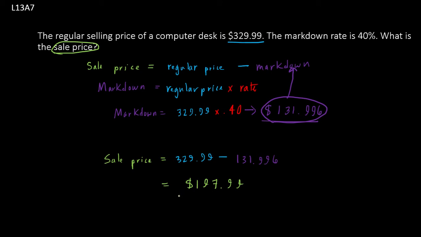So again, to find sales price, I read the question, I identified the variable that they were asking me to solve for, I pulled out necessary equations, I plugged in what I knew, and then I used that information to work my way backwards to solve for selling price, which was $197.99.